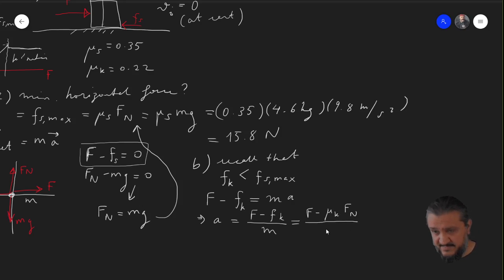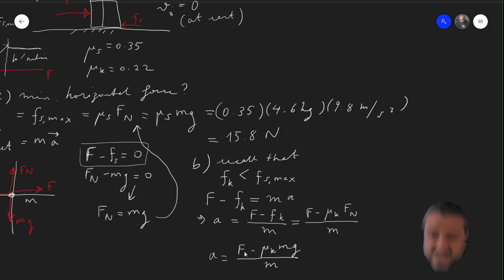Now, the normal force doesn't change just because the object starts moving. The normal force is still mg, okay? So a is equal to F minus mu k mg, let's not forget mu k, mg divided by m.